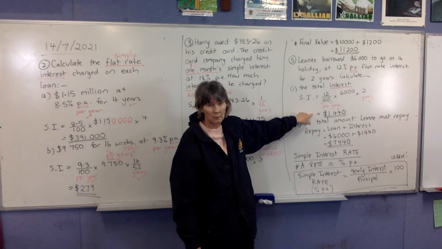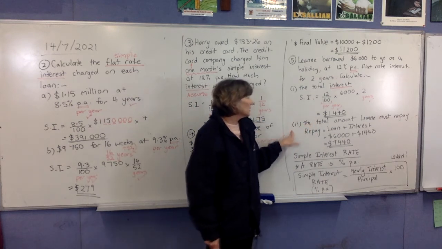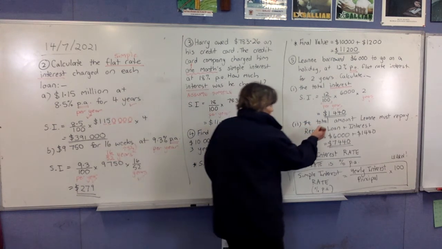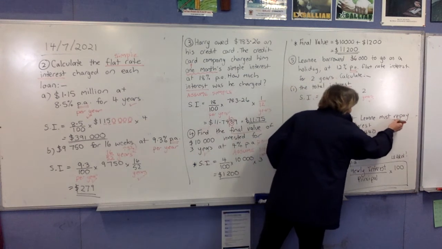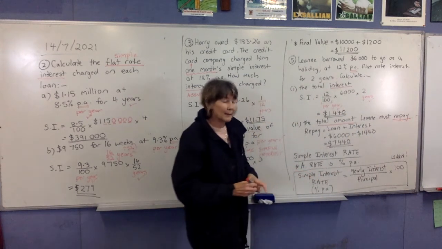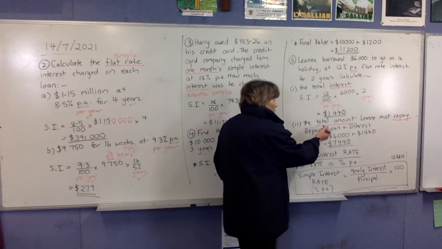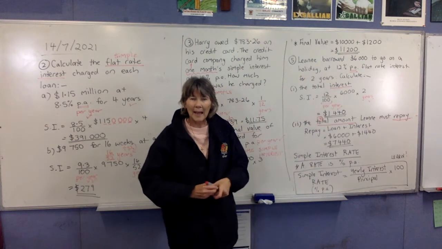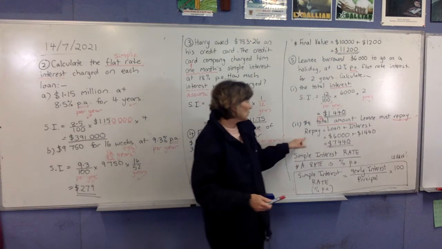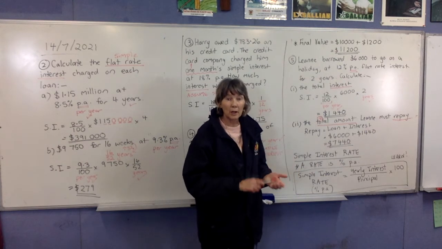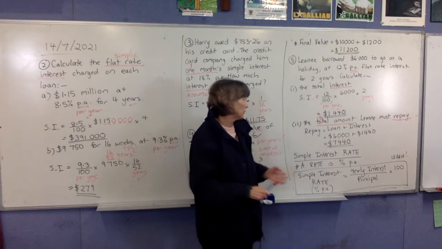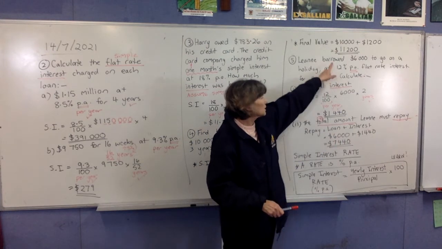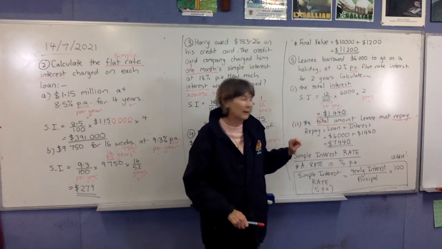$1,440. The second step is to find the total amount that Leanne must repay. Now this is a little bit of a clue when they say the word total. We're going to be adding somewhere. So when you repay the bank, you must repay the loan plus the interest on the loan. So the loan amount was $6,000. You've got to pay that back to the bank.